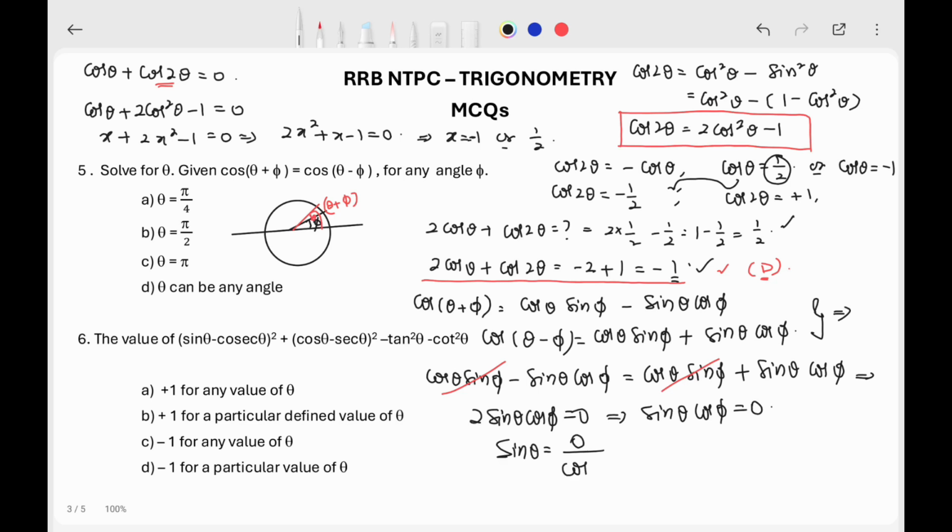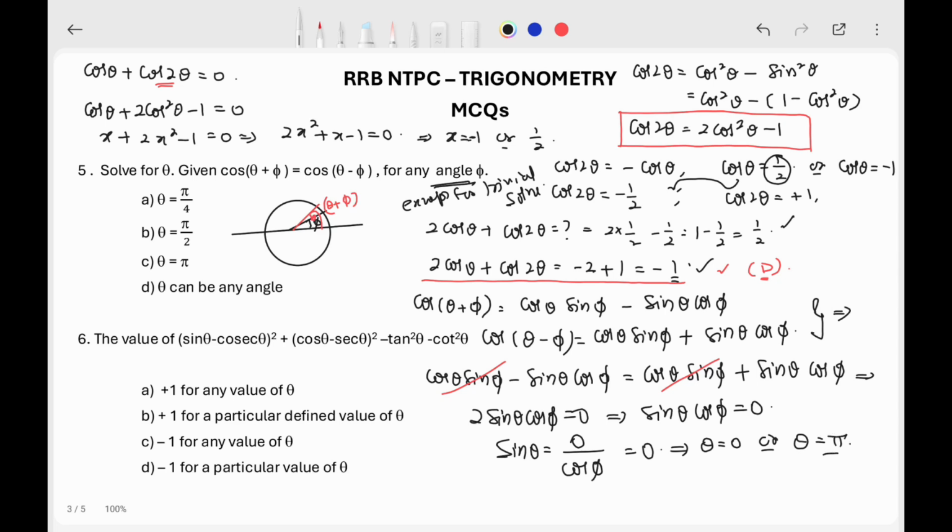That means, except for trivial solutions, sin theta is equal to 0 by something, that is equal to 0. 0 by something is equal to 0. Sin theta will be 0 when theta is equal to 0 or theta is equal to pi.